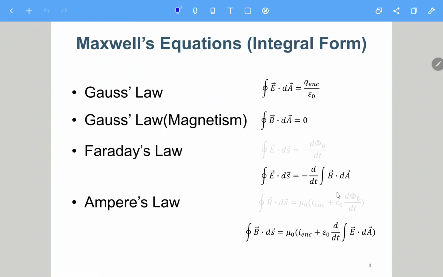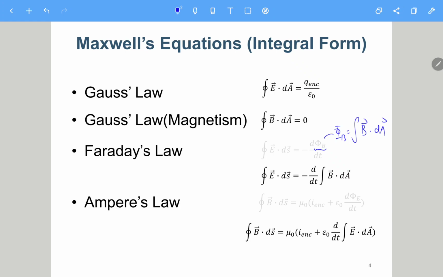Here we will try to make things look complicated, but actually this is not so difficult. For Faraday's law, on the right side, we have negative d phi B dt. In that sense, we can write phi B as the integral of B dot dA.